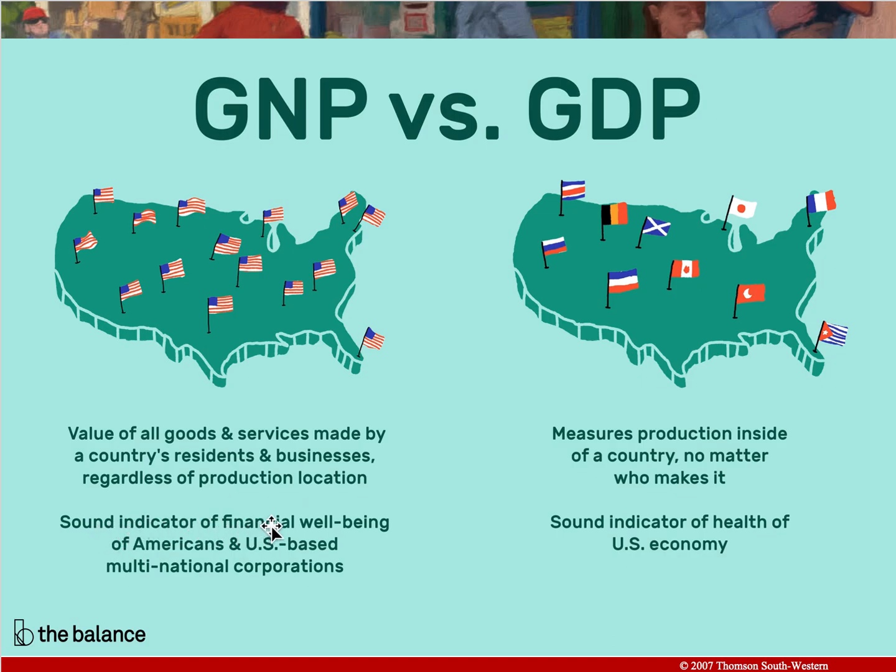It is a sound indicator of the financial well-being of Americans and US-based multinational corporations. What does this mean? Let's say an American opens a company in Malaysia. Whatever the American earns from the company operating in Malaysia will contribute to the American gross national product.